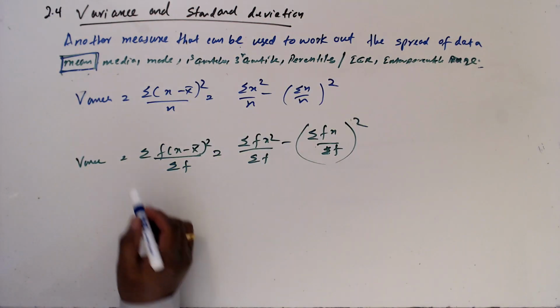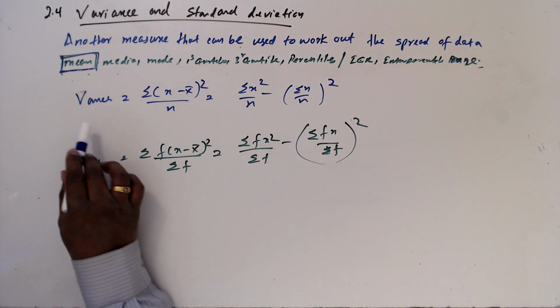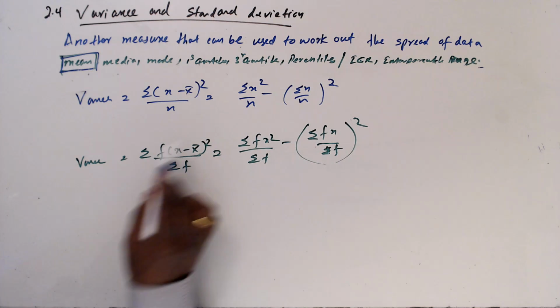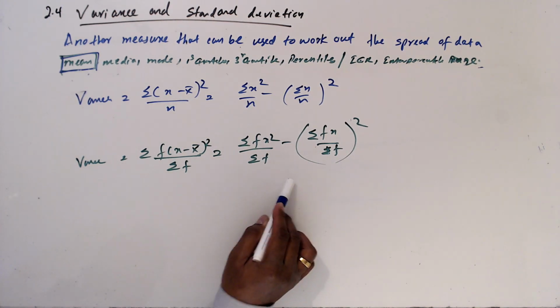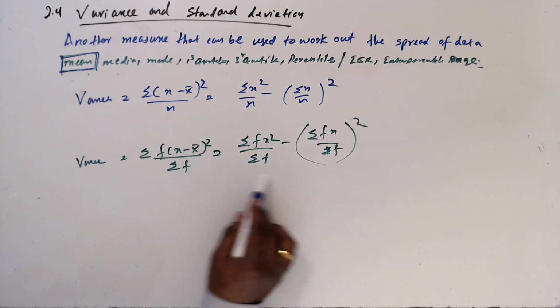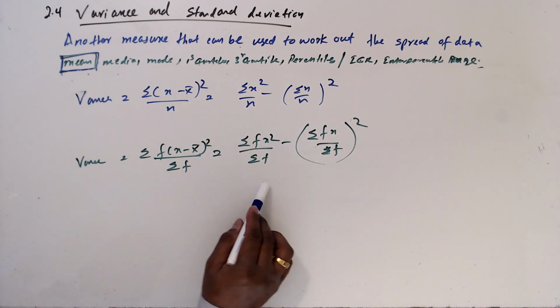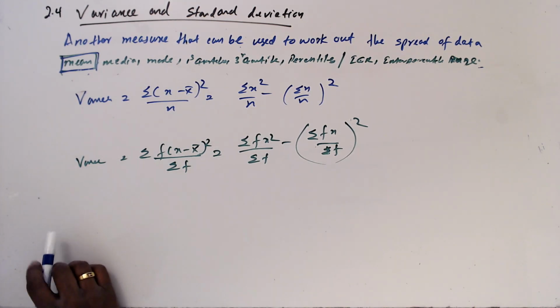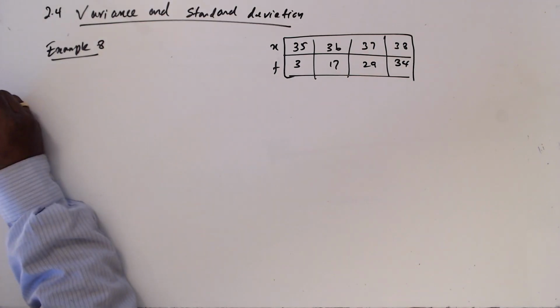Now we have two formulas. One is this one, and the other one is this one. Actually, we are going to use this one most often, and we'll work two examples and then do the exercise. Now let's discuss example number 8.